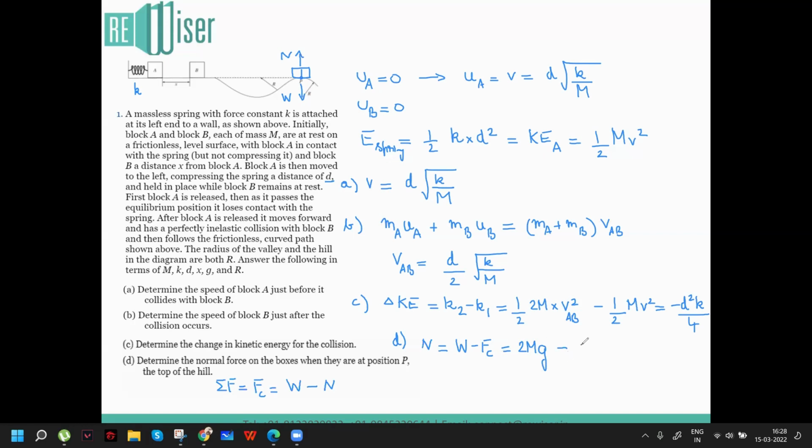Substituted here, mass is 2m, and v square is the combined velocity, because they are at the same height after passing through the valley, VAB the whole square, which was derived in part B of the solution, divided by the radius capital R. And when simplified with all substitutions, we get the final equation for N to be equal to 2 times capital M times capital G minus d square k over 2R.